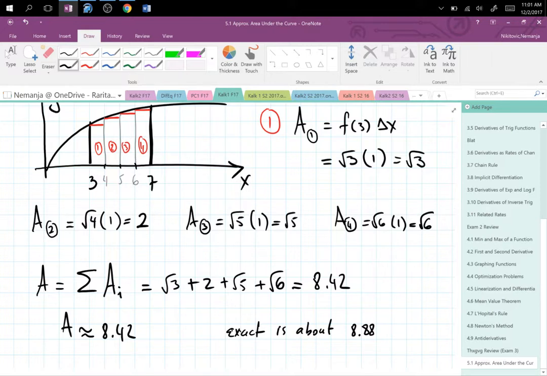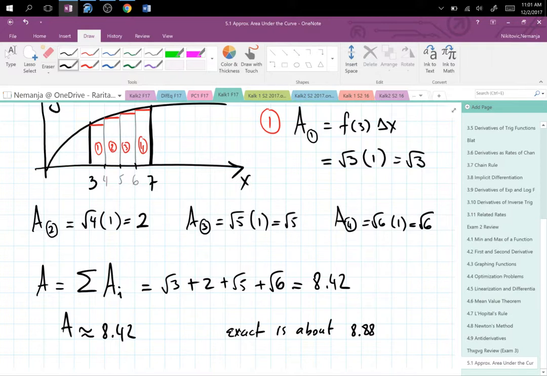But this method seems okay, right? We calculate left sums, we calculate right sums. For the same problem, let's calculate right sums.